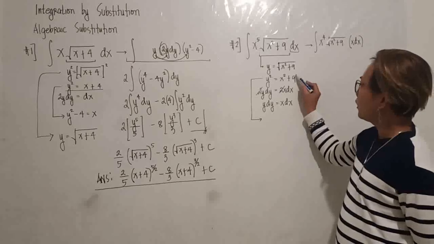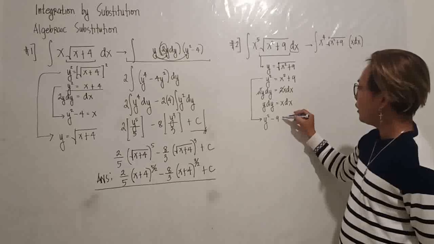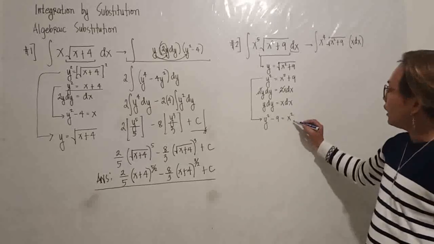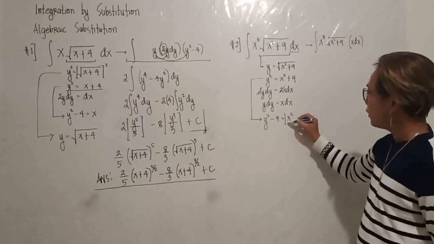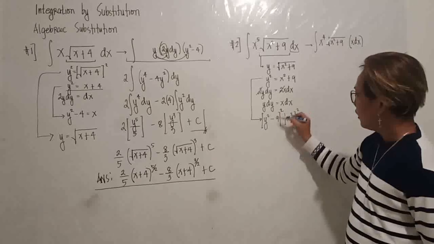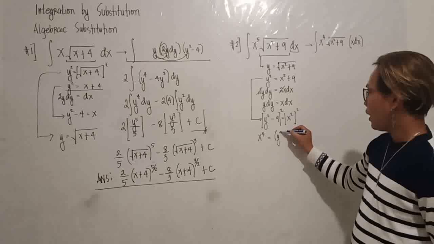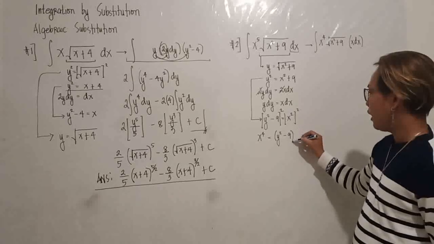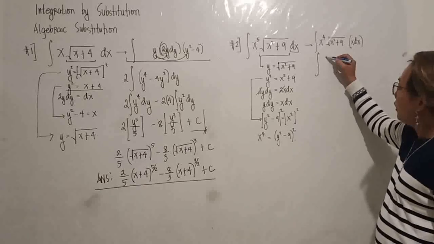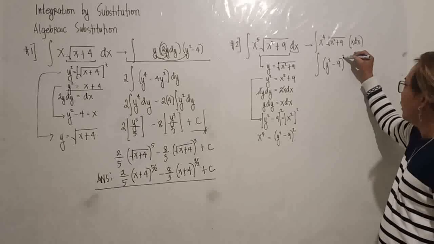You will now have to transpose the 9, that is y squared minus 9 equals x squared. Ngayon, since x raised to 4, you have to square both sides. Your x raised to 4 now is y squared minus 9 squared.